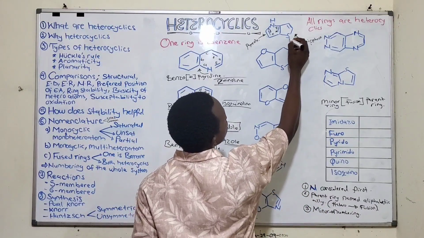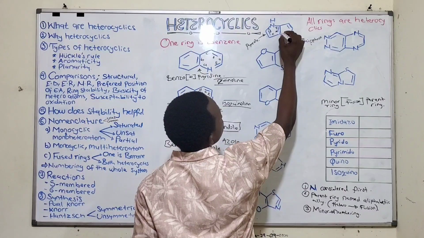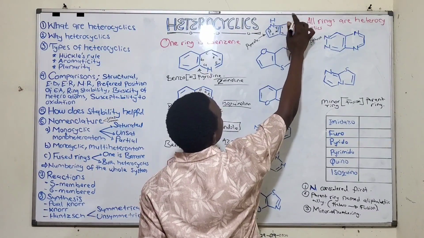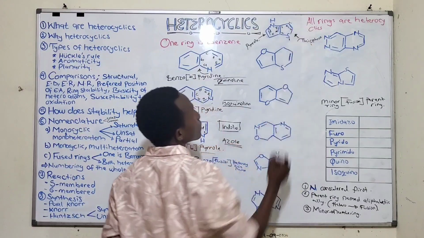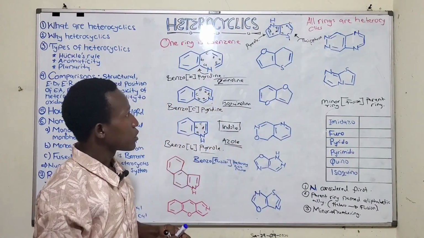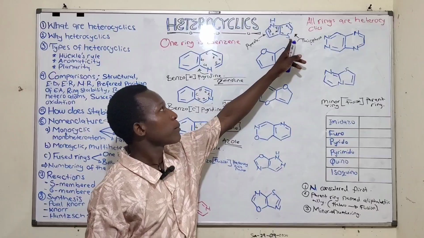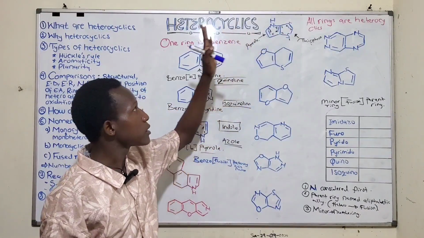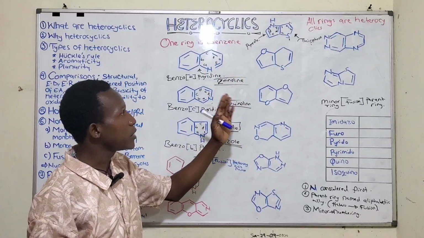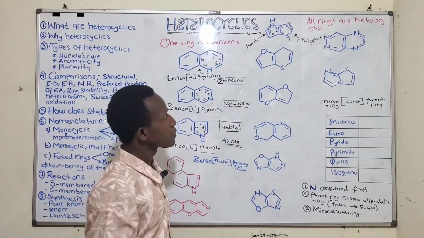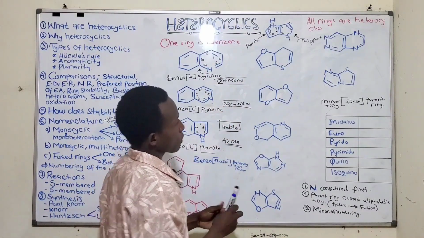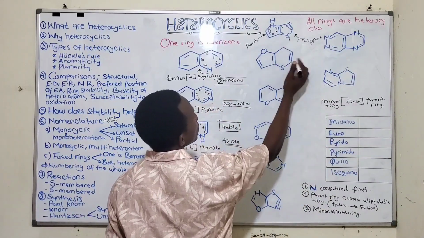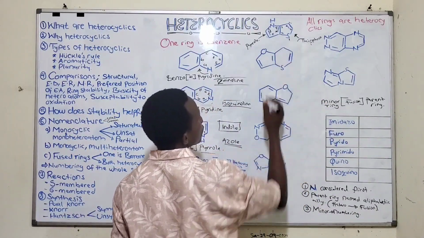So this is 1, this is position 2, 3, 4, then 5. For the minor ring you name positions 1, 2, 3, 4, 5, but for the parent, you just label the faces as A, B, C, D, like that. So this is the way we name them. The minor ring is thiophene.